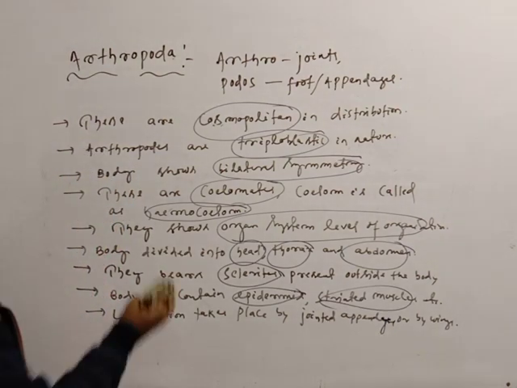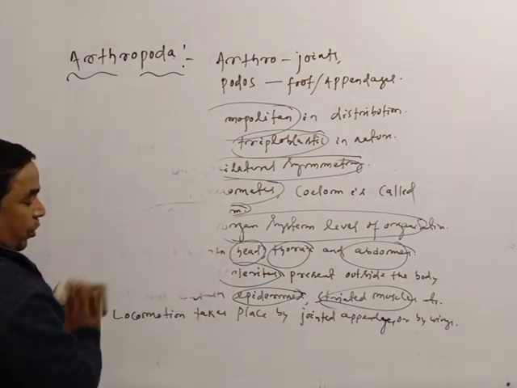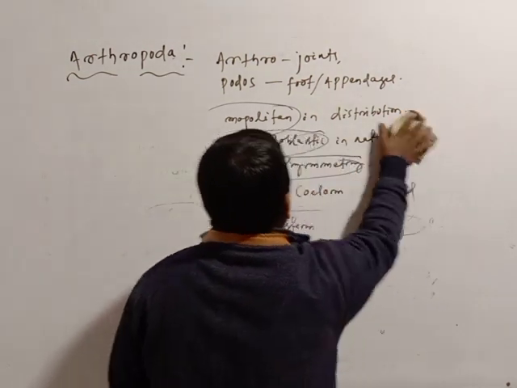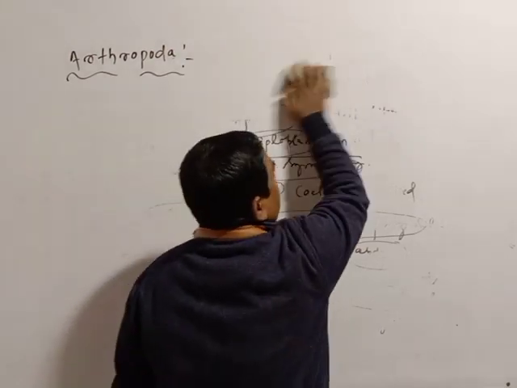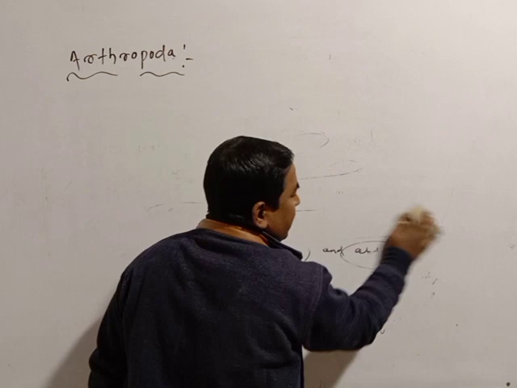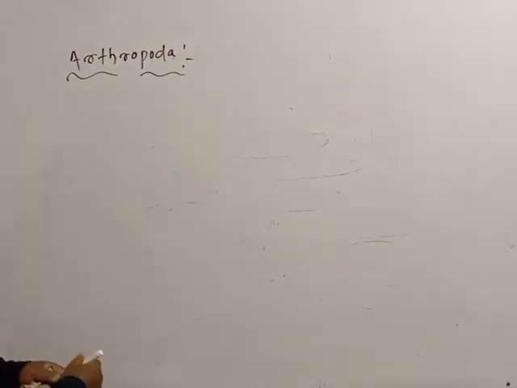Now, in comparison to other lower invertebrates, arthropods show somewhat advanced characteristics in all their activities.